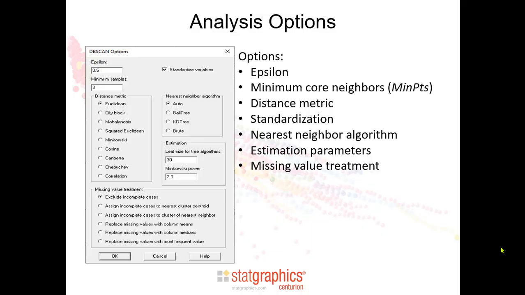Again, standardization is important if the variables are measured in different units. There are a number of different algorithms that can be selected that affect how nearest neighbors are determined. The analyst can also specify certain estimation parameters, such as the leaf size if using one of the tree-based nearest neighbor algorithms. And finally, the way missing values are handled may also be specified.